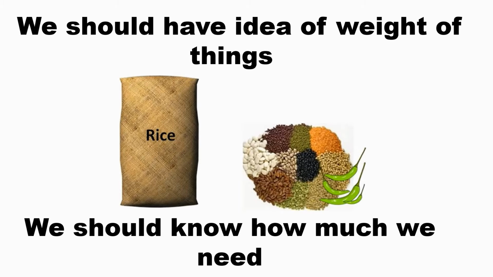You know, these kilograms and grams are the units of weight. Your parents have a good understanding of weights of things, and that is why they know how much is needed. So, if we have an idea of weight of things, we would know about our needs in a better way, and things will not get wasted.